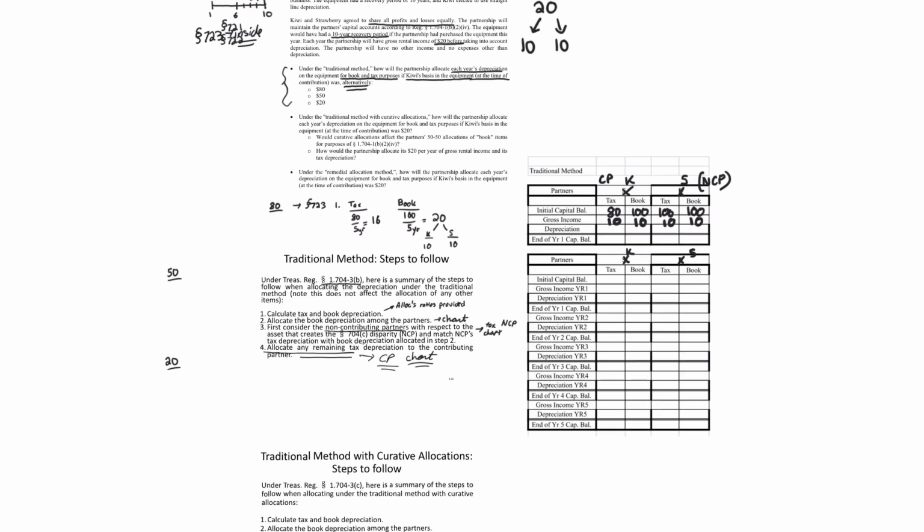The depreciation, okay, that's what we're focusing on with these steps. We're told, step 2, allocate the book depreciation among the partners. So book depreciation is right here, 10 and 10. So we're going to subtract away for book, we're looking at the book amount, 10 and 10. That is step 2. Step 3 is first we consider the non-contributing partner, Strawberry.